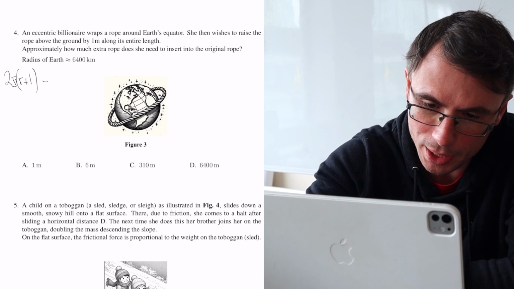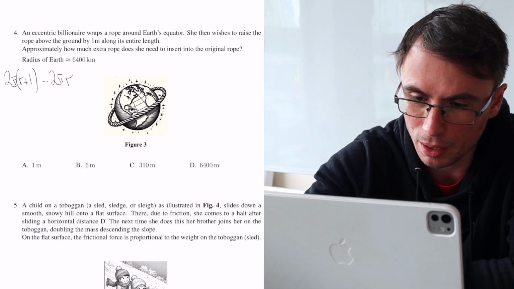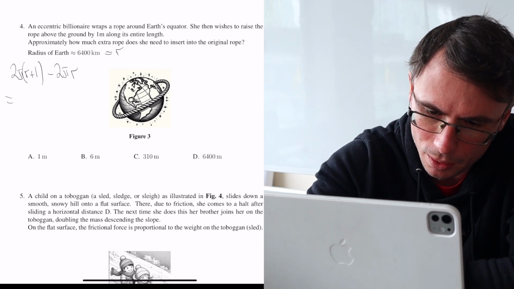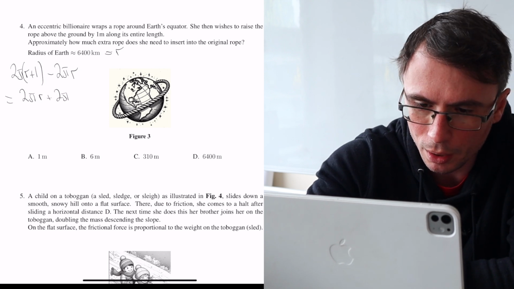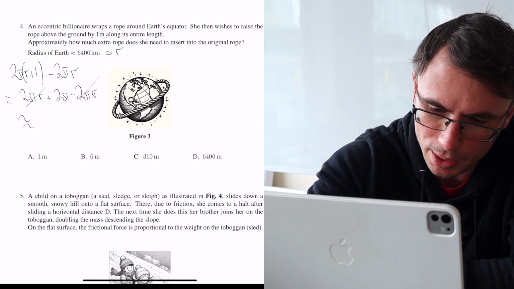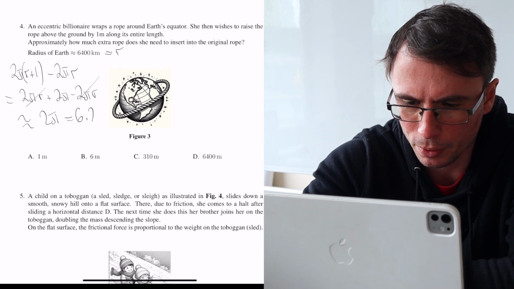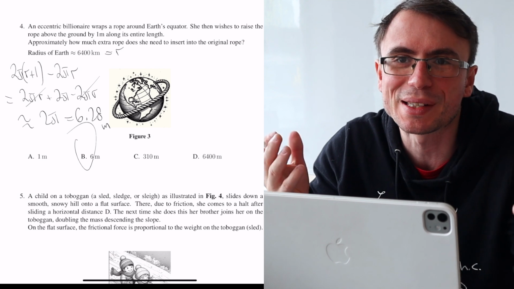Then from that we need to take away just 2 pi r, where r in this case is just the radius of the Earth. Well, this here is just going to give me 2 pi r plus 2 pi, take away 2 pi r, and look at that, we don't even need a calculator. The answer is about 2 pi, which is going to be around 6.28 meters, around 6 meters. Correct answer has got to be B.